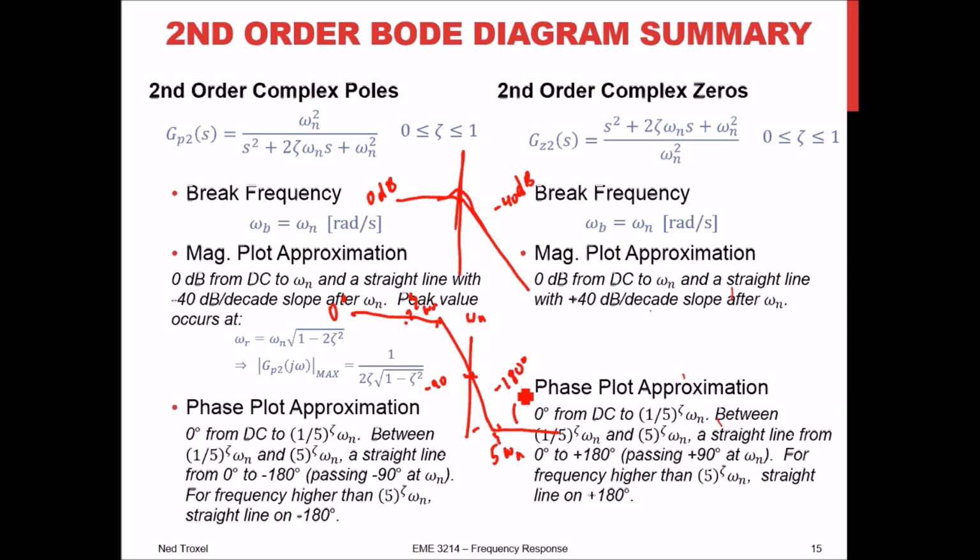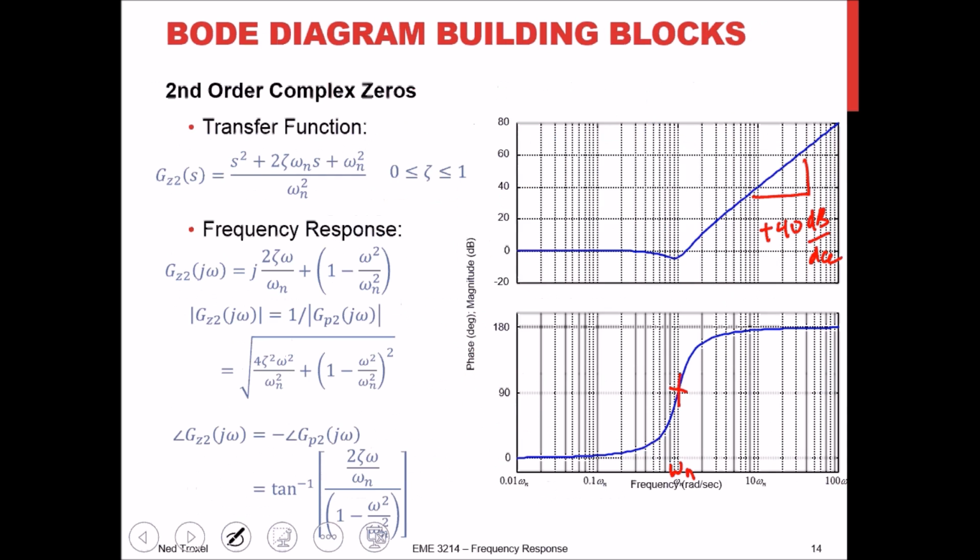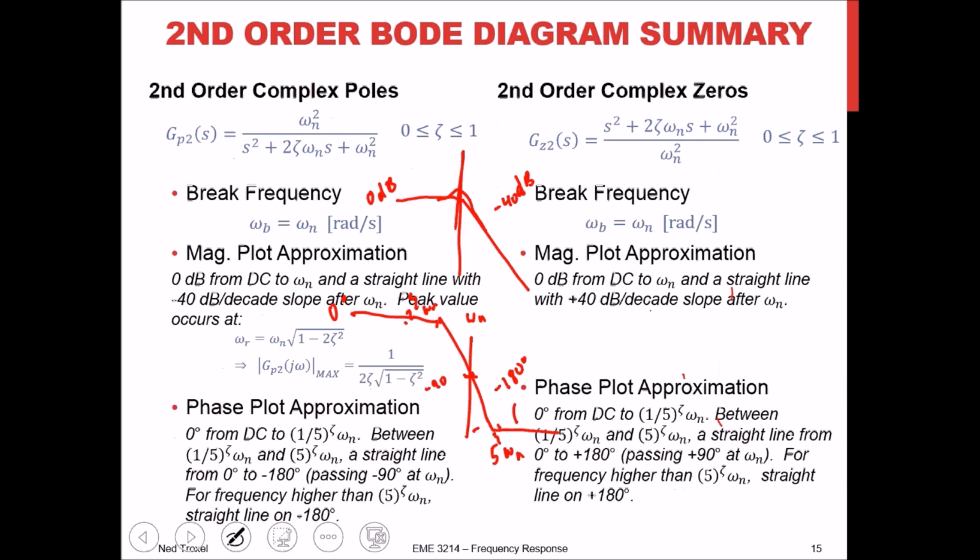And so together they give you a minus 180 degrees. Similarly, the second order zeros would give you 180 degrees of phase lead. They'll add 180 degrees of phase as they move across the frequency.